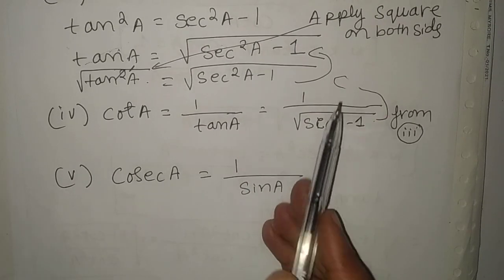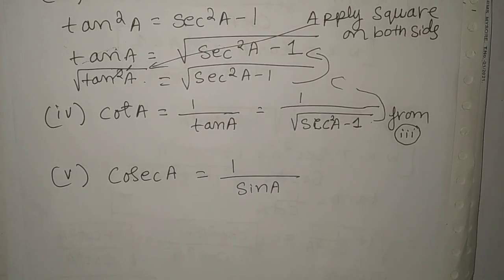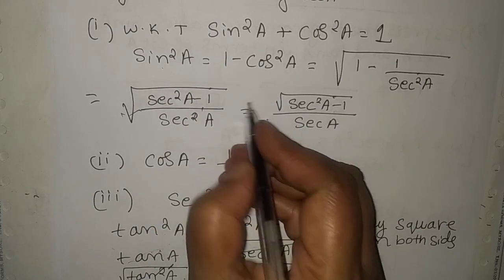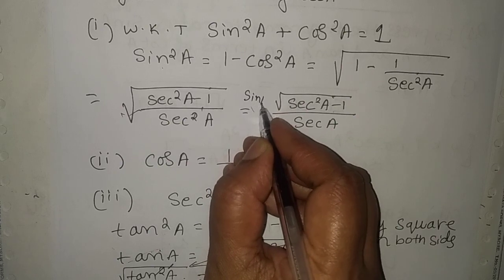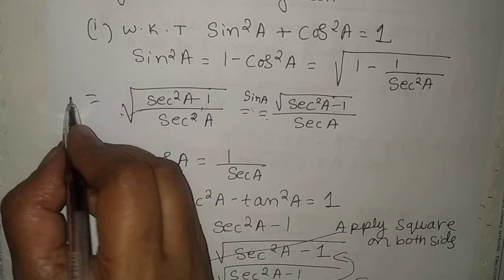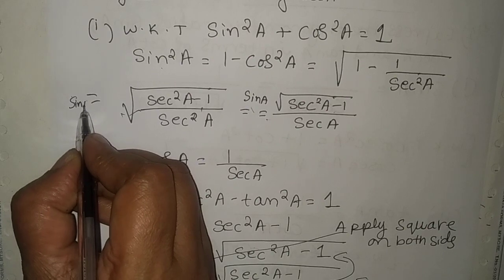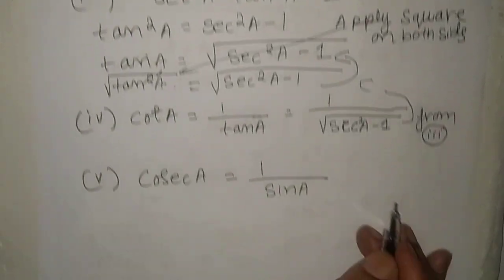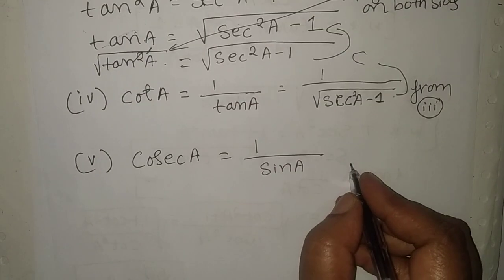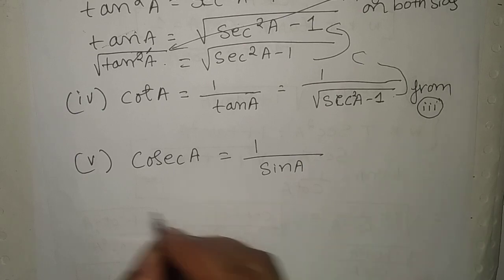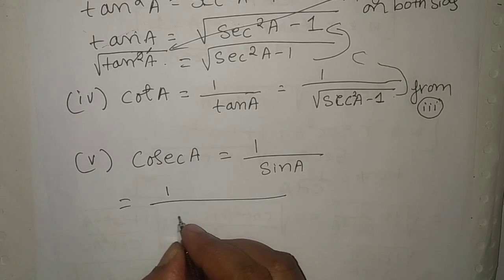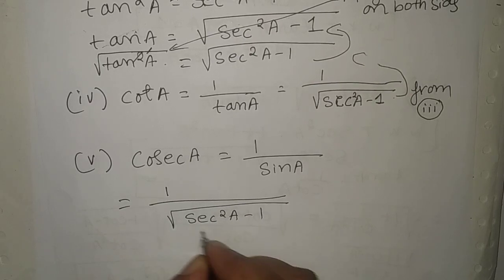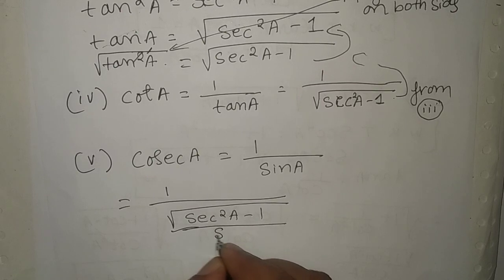Here also we have applied square root on both sides, so this will become sin A. So I have written here this sin A, substitute here. So then we can write it as, from 1, root secant square A minus 1 by secant A.